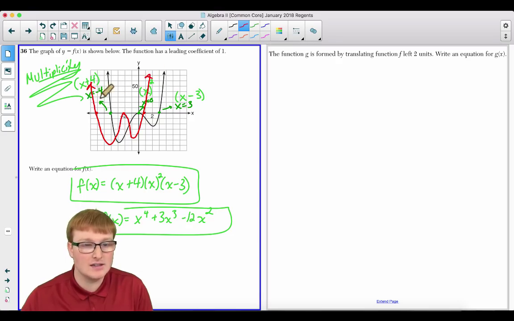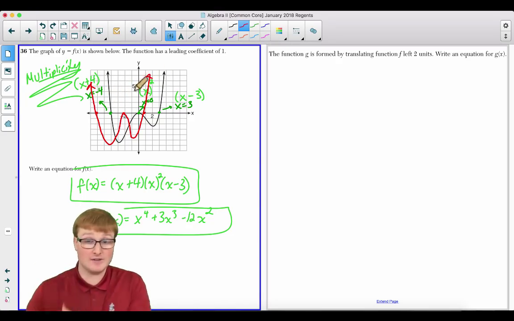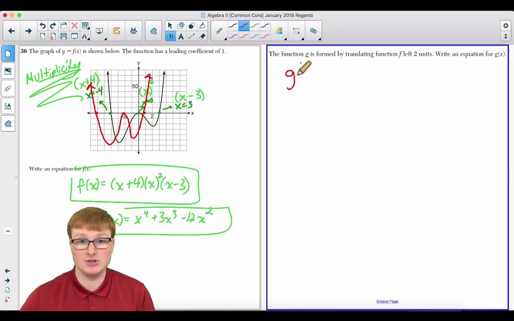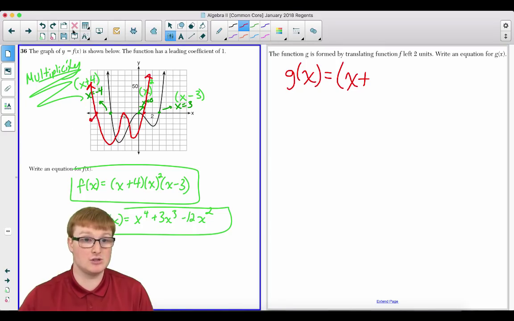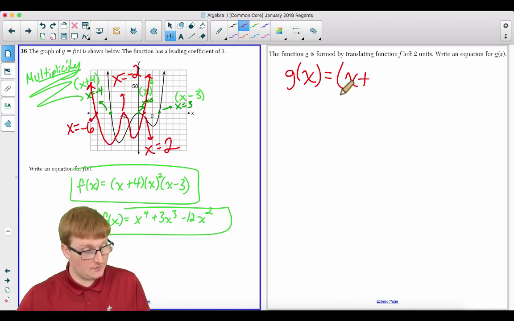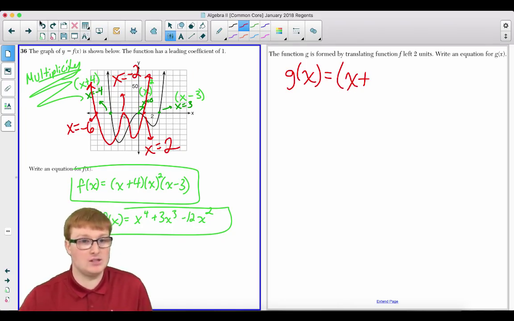Now, when you move it 2 units to the left, g of x is going to be x plus... all right, so now this is x is equal to negative 6. This is x is equal to negative 2. And this is x is equal to positive 2. No, I'm sorry, that's a 1, not a 2.